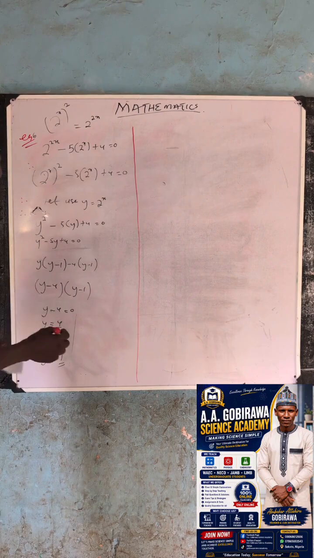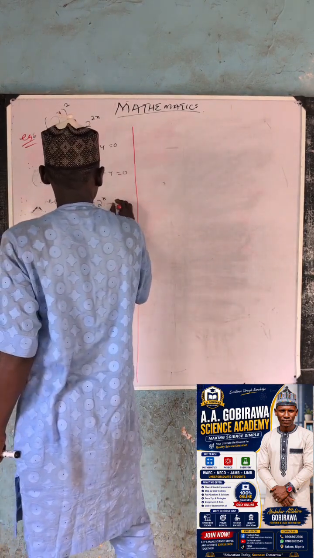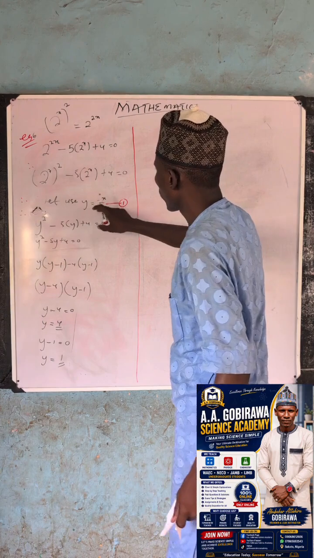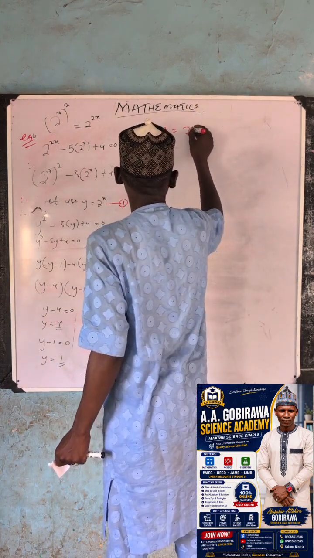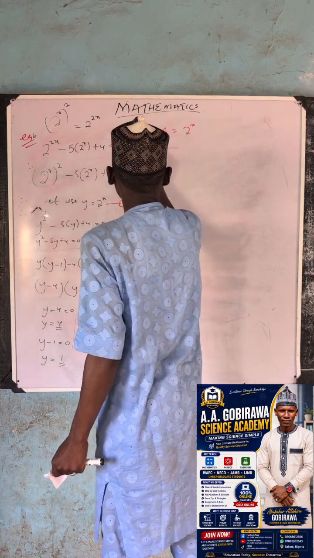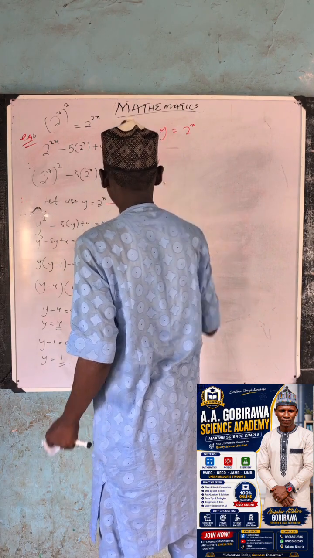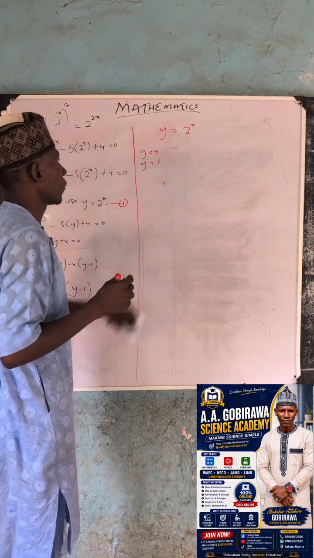So y is equal to 1. Then from this, let us take it as equation 1. From y equal to 2 power x, so we have y is equal to 2 power x. So mun san muna da y is equal to 4, muna da y is equal to 1, ko ba haka ba? Therefore sai mu substituting the value din mu.